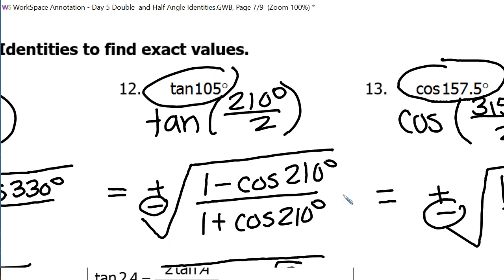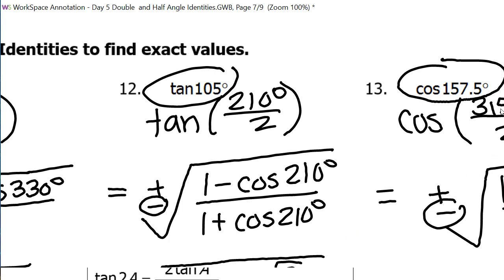And this would be 1 plus, 315 degrees, determine the quadrant. Quadrant 4, and in quadrant 4 would cosine be positive or negative? Positive. And what is the cosine of 315 degrees? Square root of 2 over 2.